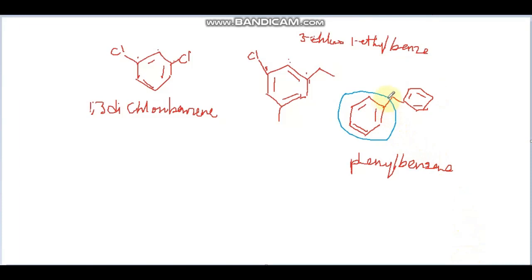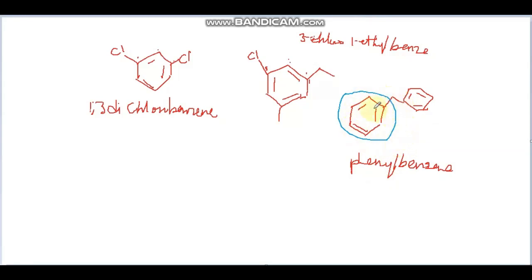So when you have a benzene with an extended carbon acting as a substituent, it is called a benzyl. But if the benzene is direct to the parent chain, like how we did for the initial one, it is named as phenyl. But if it is a benzene with a carbon extension before the parent chain, it is called a benzyl.